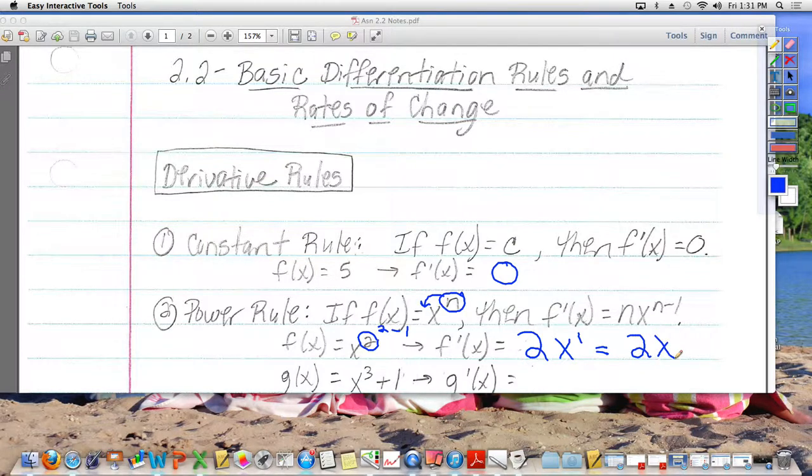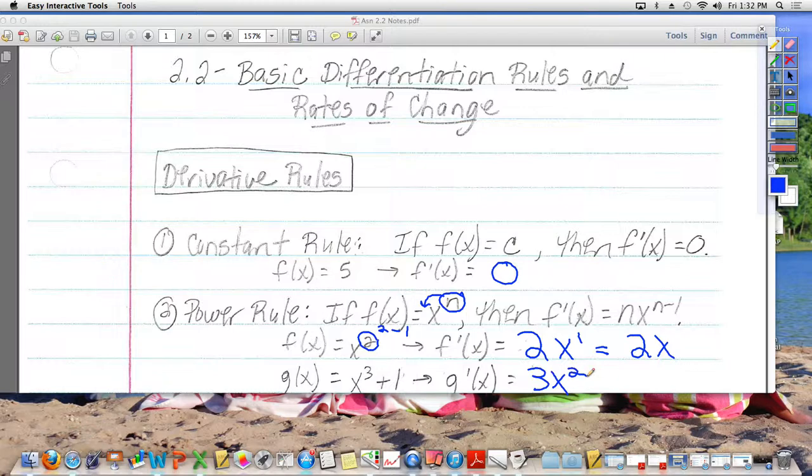g of x is equal to x cubed plus 1. Well, the derivative of that is going to be, of course, you take this 3 and put it in front and take away 1 from the power. So the derivative of g of x is equal to 3x to the power of 2. Very nice.